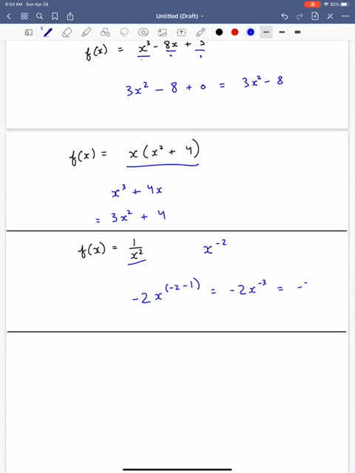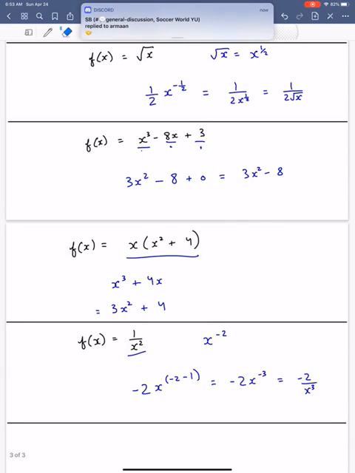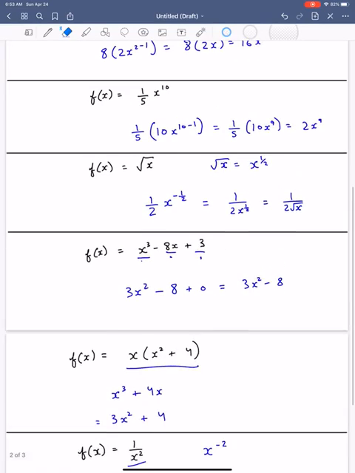So negative 2 over x cubed. And that would be how it is. Just make sure that you keep track of the signs in questions like these, because that's what usually stumbles people. And that is how you would solve these questions.